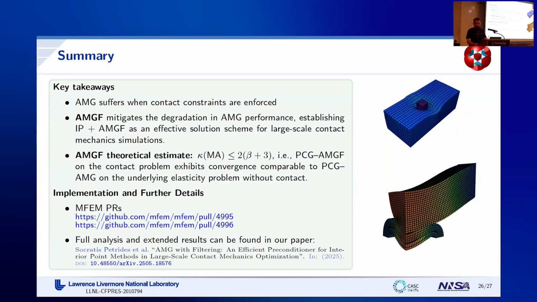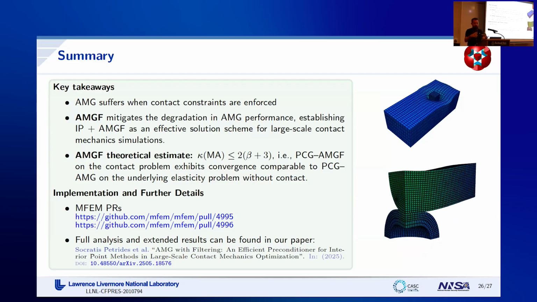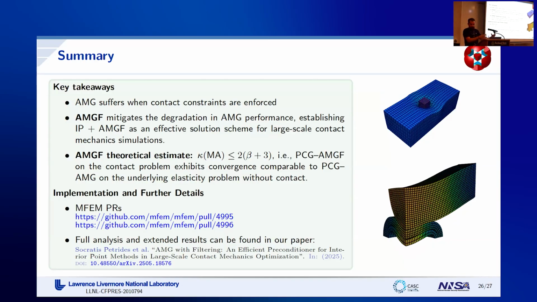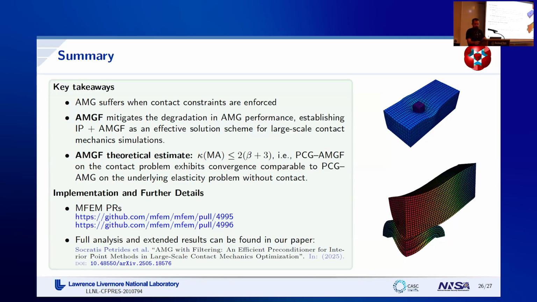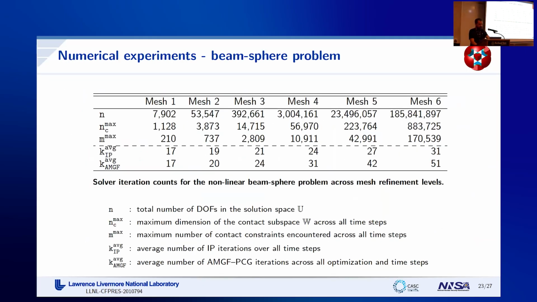Isn't it the dimension of J? Yes, but most of its rows are empty. So when you do J transpose DJ, it will only affect some small square matrix. So if J is a tall skinny matrix, but the entries are non-zero, it's not going to work well?